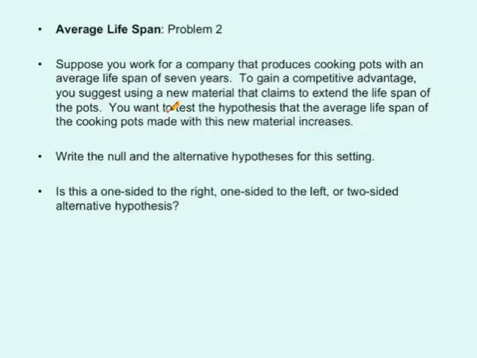So in this case you are the researcher, and what's going on here is that the lifespan of the pots increases. Those are some key words that we're looking at, all right? So the alternate hypothesis, or the research hypothesis, is that the lifespan of the pots has increased, okay?